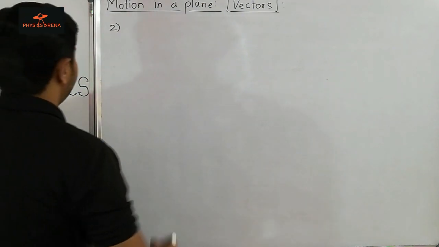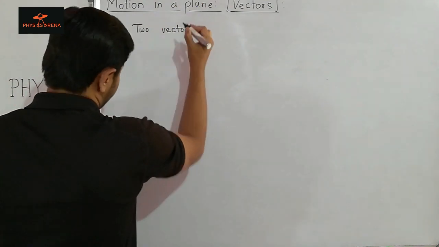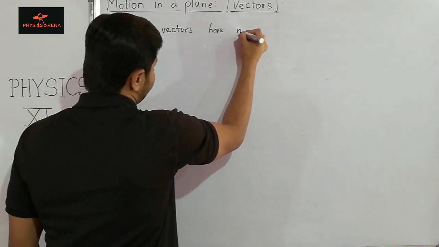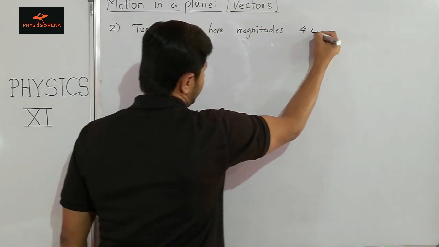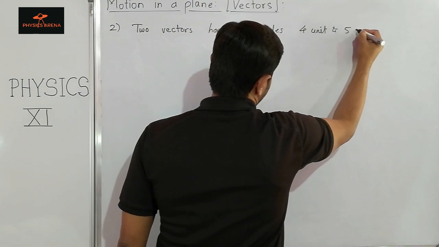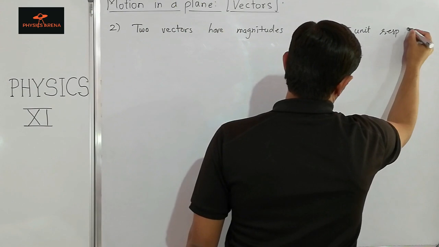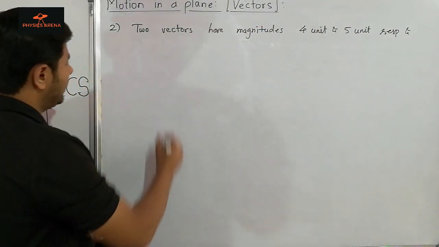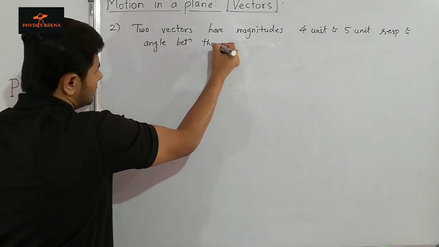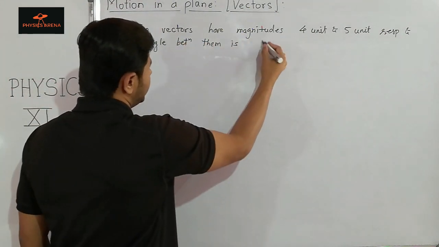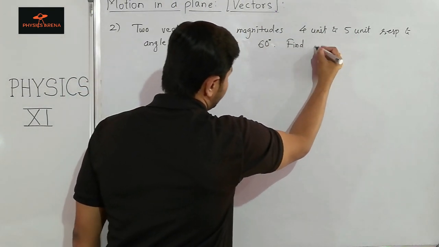So problem number 2: two vectors have magnitudes 4 units and 5 units respectively, and the angle between them is, let's take, 60 degrees. Find their resultant.